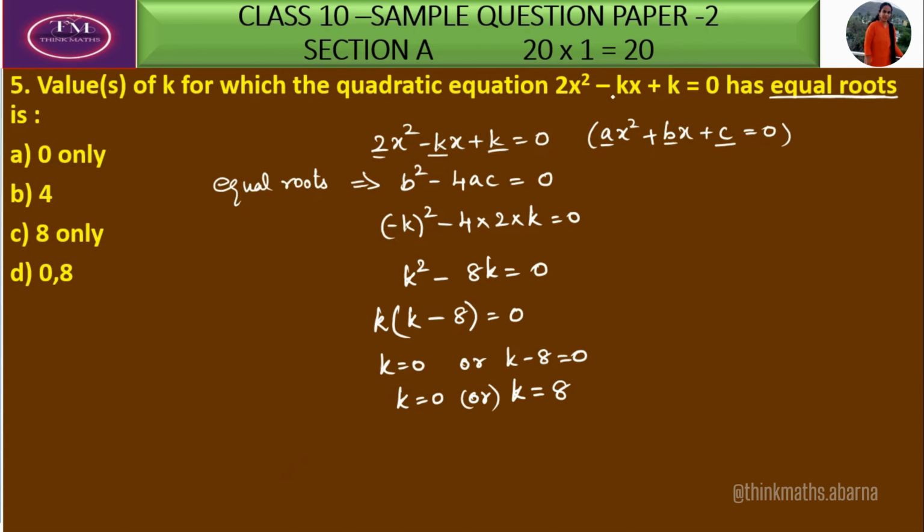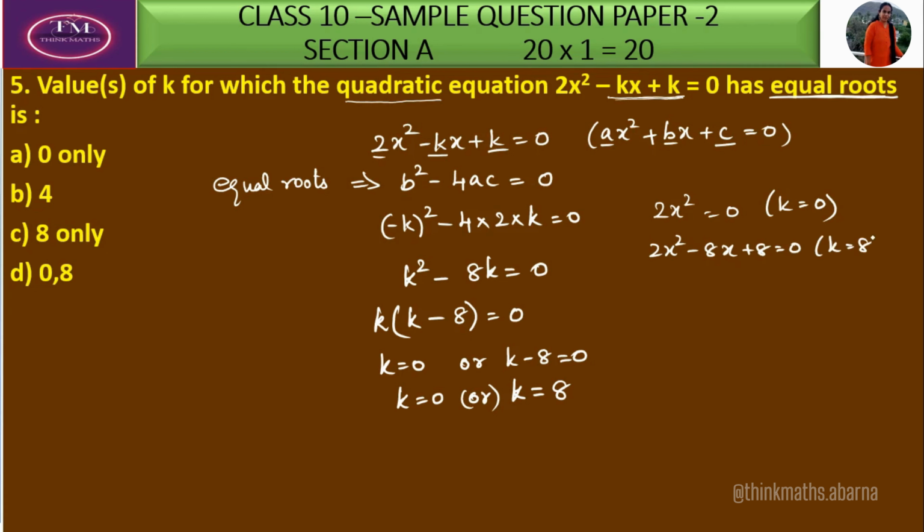If you put k is equal to 0 here, we will get 2x square equal to 0, because these terms will become 0. So this is also a quadratic equation when k is equal to 0. When k is equal to 8, we will get 2x square minus 8x plus 8 equal to 0.